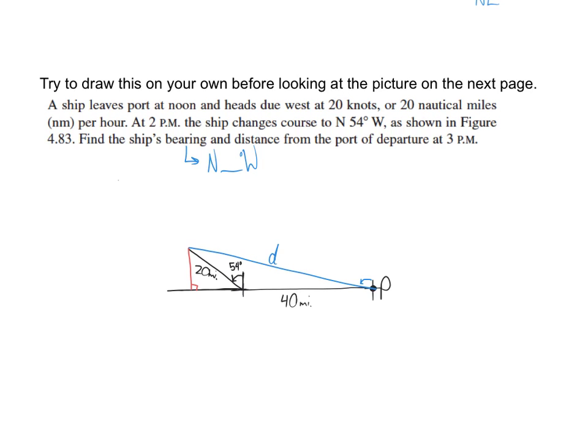It has to be the hypotenuse. Now, also notice the 54 degrees is not in our right triangle, is it? What's the angle that's in the triangle there? 90 minus 54, so that would be 36.